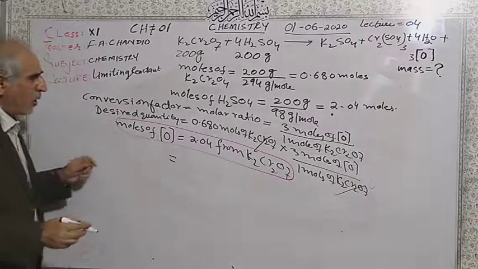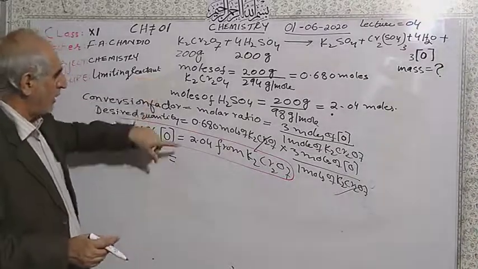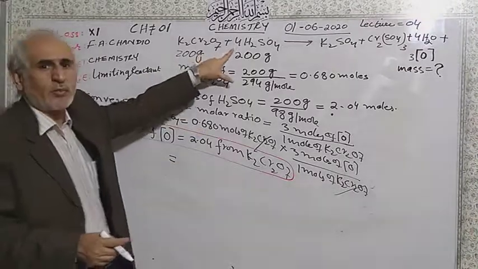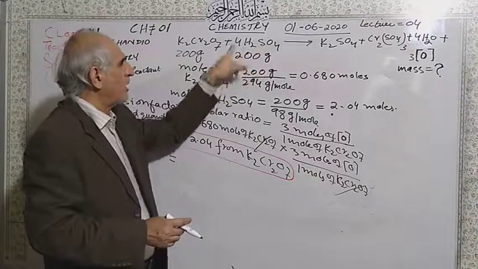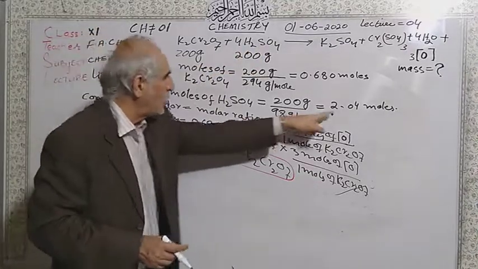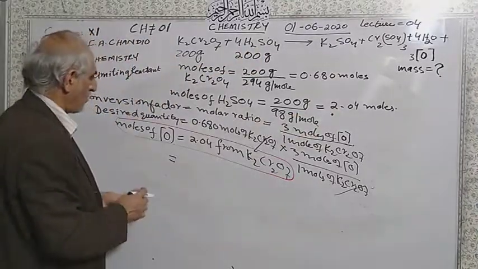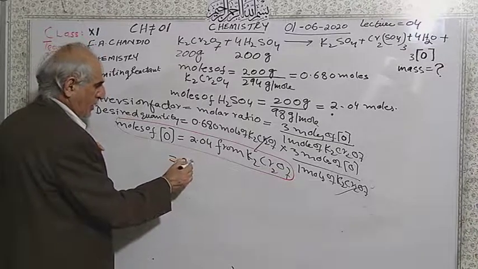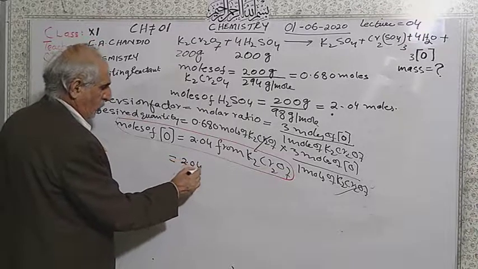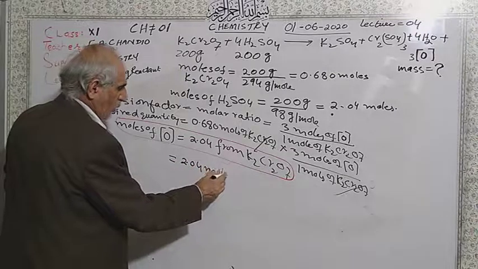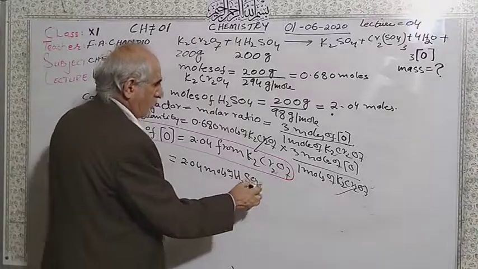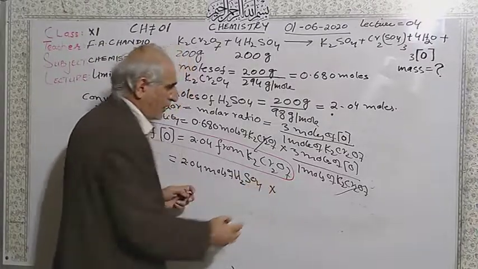Now, same I am going to calculate. Desired quantity given, now I use sulfuric acid, students. Now, sulfuric acid moles how many? 2.04. So 2.04 moles of sulfuric acid multiplied by conversion factor.